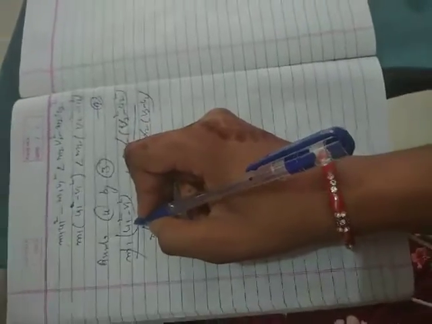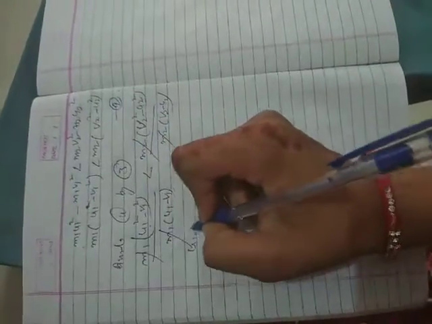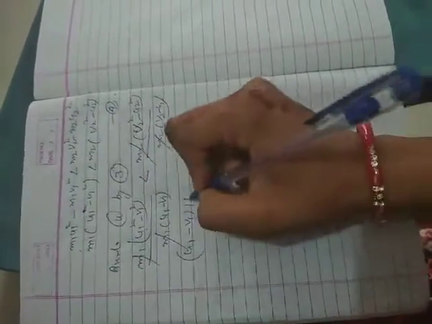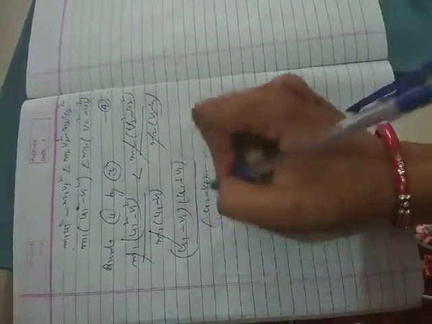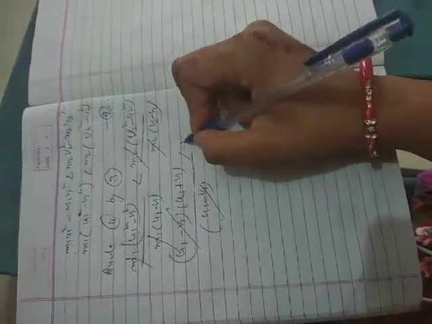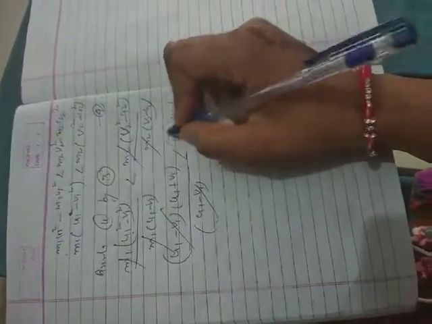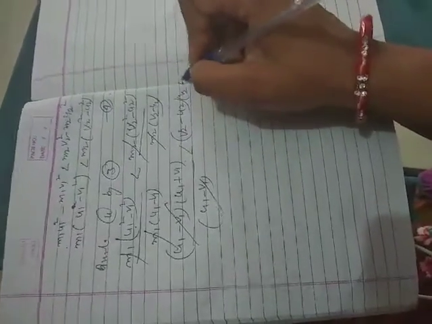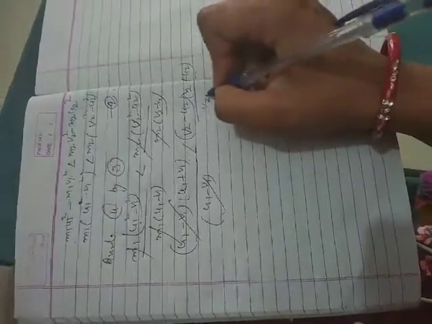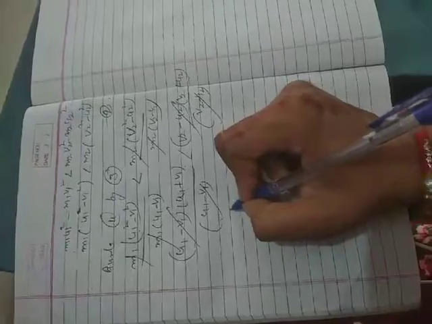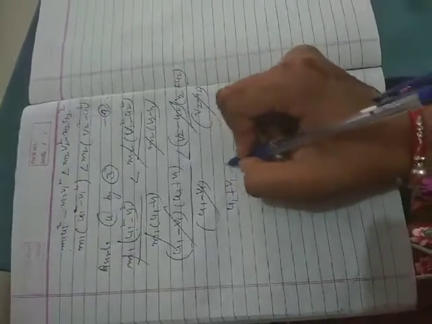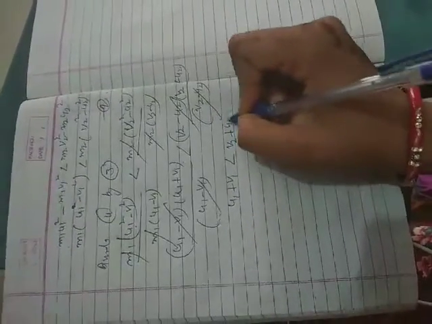So we open this by the a square minus b square formula: u1 minus v1 times u1 plus v1 divided by u1 minus v1. This cancels out, and equals v2 minus u2 times v2 plus u2 divided by v2 minus u2. This also cancels out. Only the term is left: u1 plus v1 equals v2 plus u2.